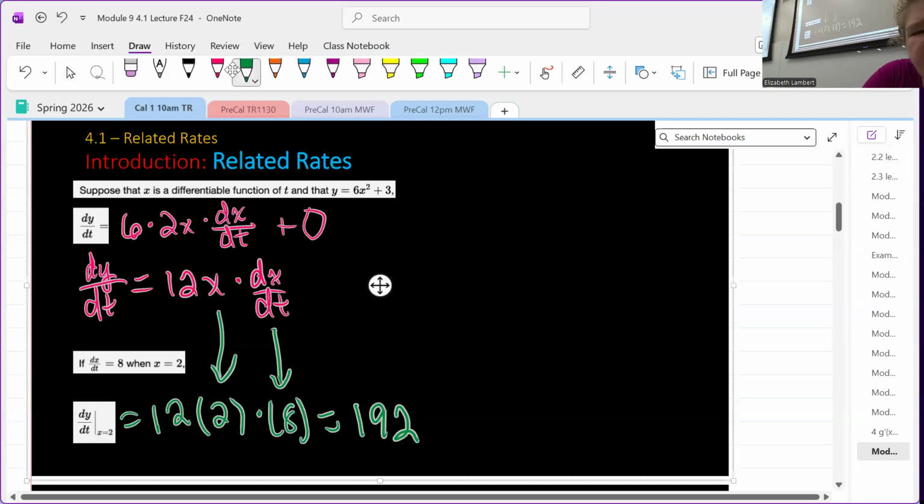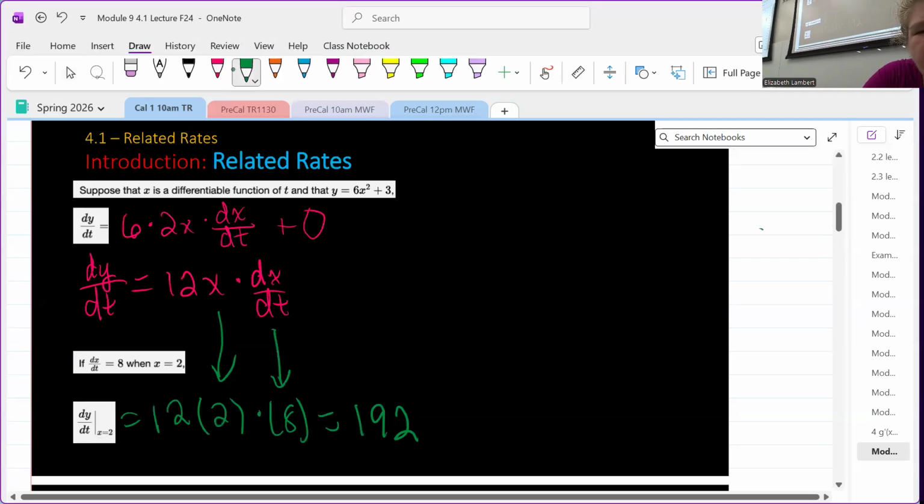So when we did the derivative of 6x squared, we had the constant 6 times the derivative of x squared, which is 2x. But what we're taking the derivative with respect to is t. So normally this would be like times dx dx, which would just cancel and be 1. But we're taking the derivative with respect to a different variable, time.